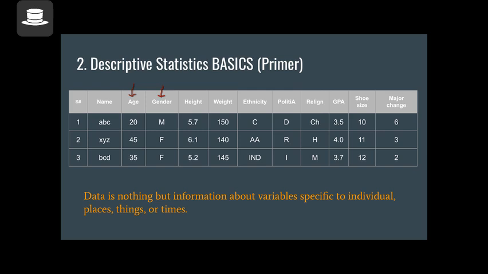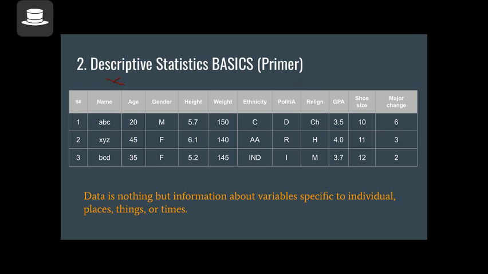Weight is not constant, that's a variable. Ethnicity is not the same. Wherever you have a column, that's a variable. And a variable is anything that changes, that's not constant. Now, religion, GPA, shoe size, these are all variables. And so think of a data set as a set of columns, and each column represents a variable. That would be the best way to objectively look at the data.